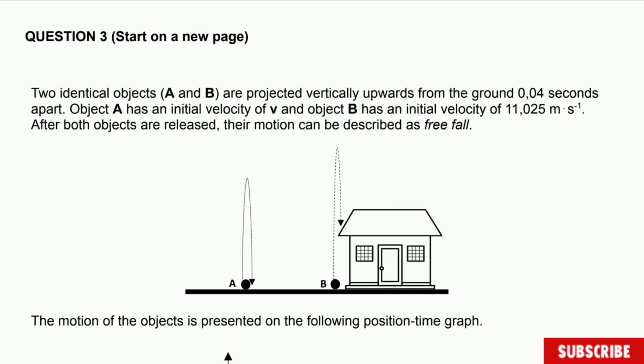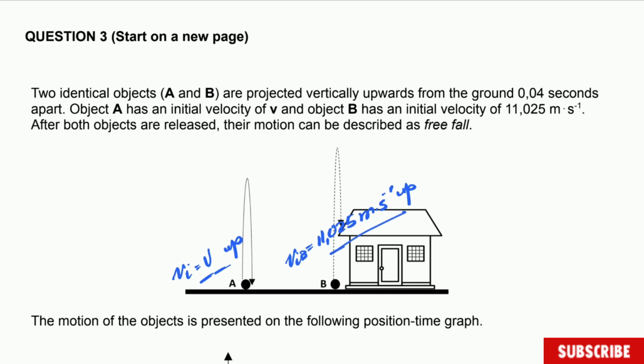So let's write it here as important data. Initial velocity A is equal to v, and initial velocity B is equal to 11,025 meters per second. Okay, and both of them were projected up. That is important data.